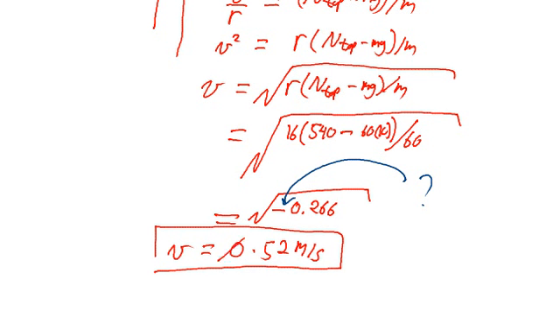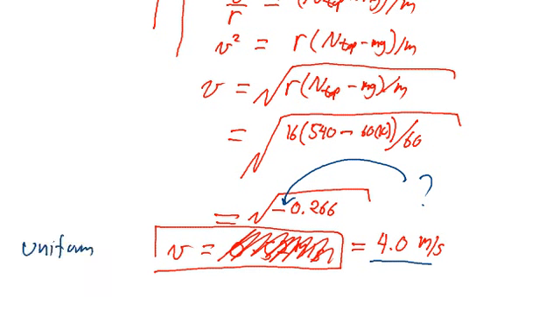So I must have made a mistake on my calculator before, so I'm going to change that to 4.0 meters per second. Alright, so I think we got that part. So that's going to be the uniform speed that this Ferris wheel has as it goes around.